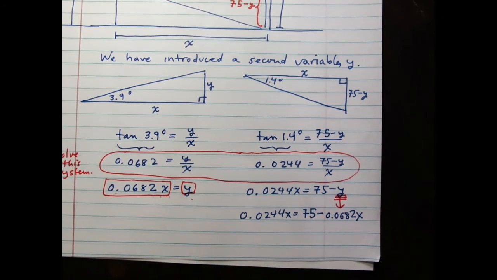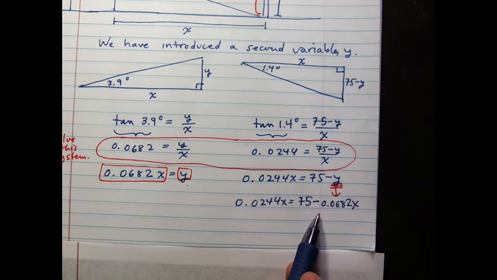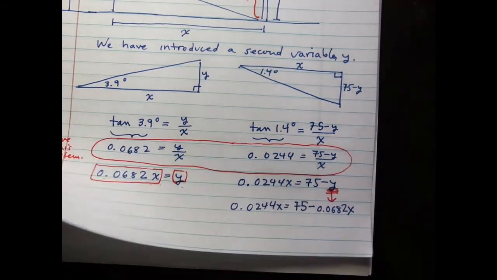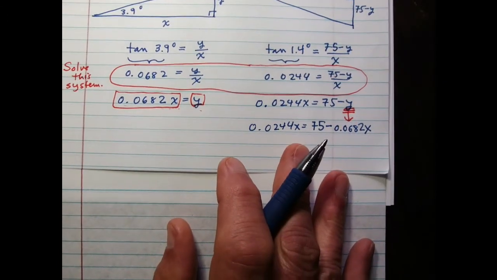I'm substituting that in for y. So I'm using the information from the equation on the left in the equation on the right, and this gives me an equation in just x, and actually we're not too far from solving right now.